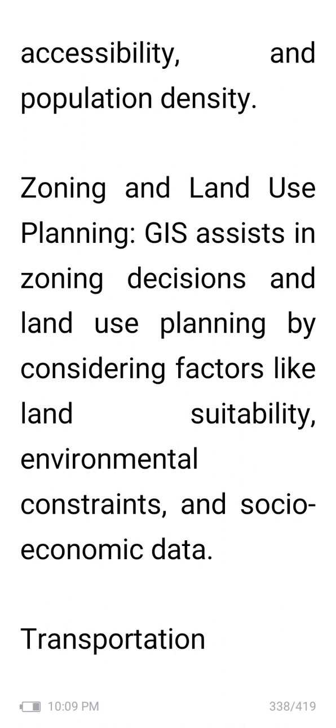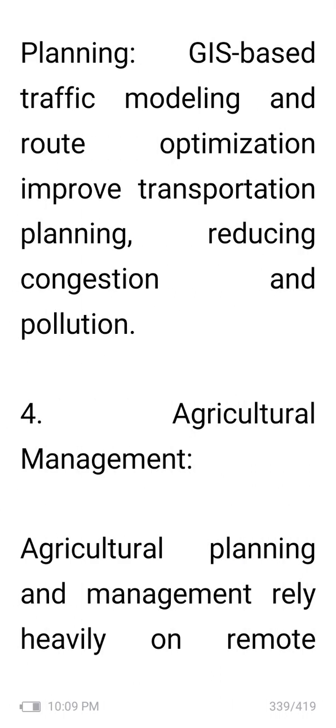Zoning and land use planning: GIS assists in zoning decisions and land use planning by considering factors like land suitability, environmental constraints, and socio-economic data. Then transportation planning: GIS-based traffic modeling and route optimization improve transportation planning, reducing congestion and pollution.